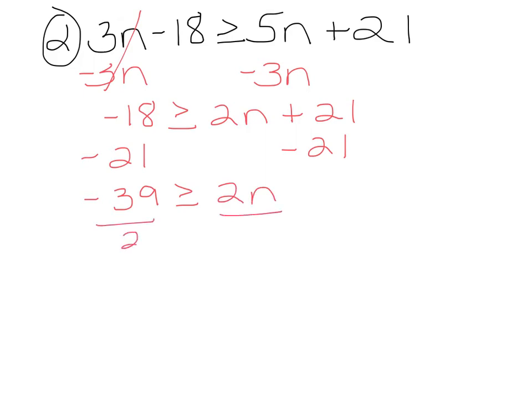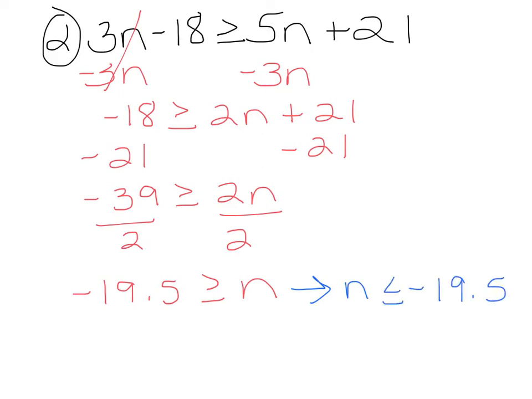When you divide both sides by 2, you get negative 19.5 is greater than or equal to n. Another way to write this would be n is less than or equal to negative 19.5.